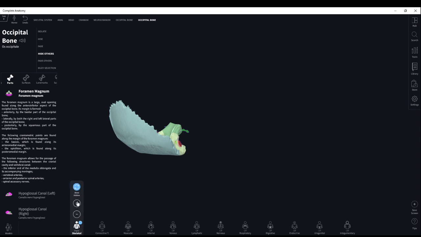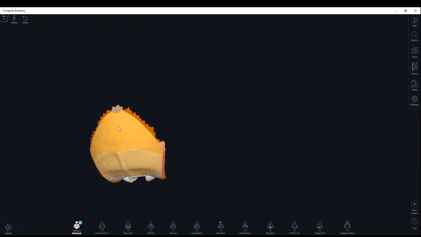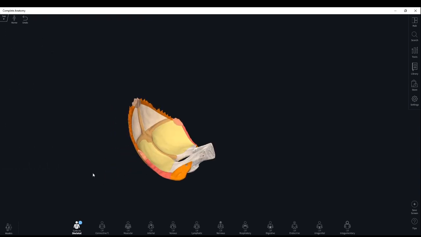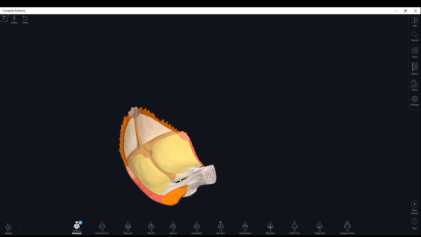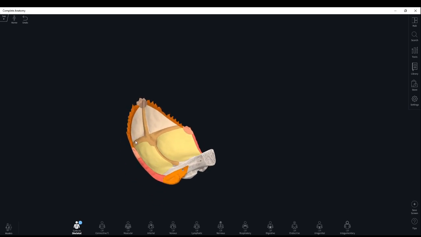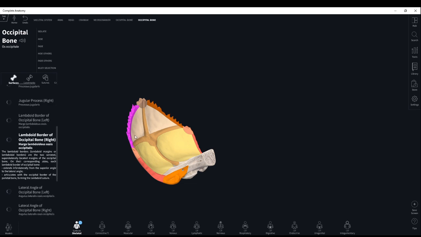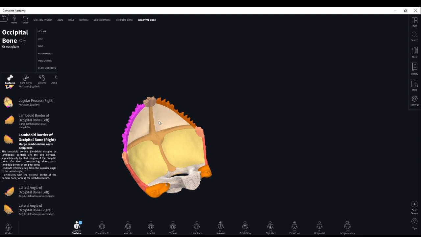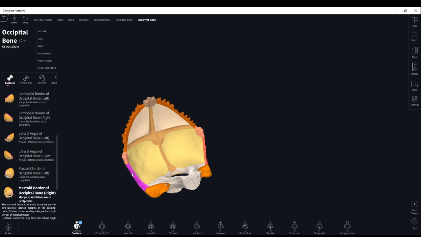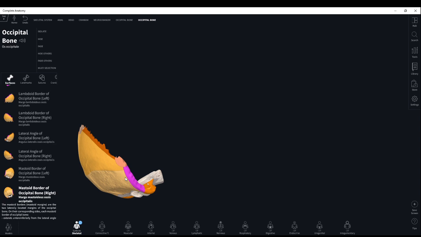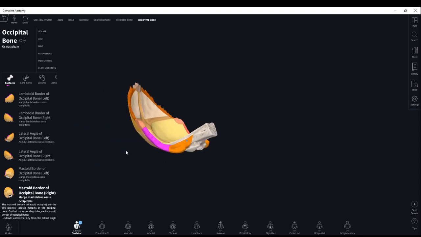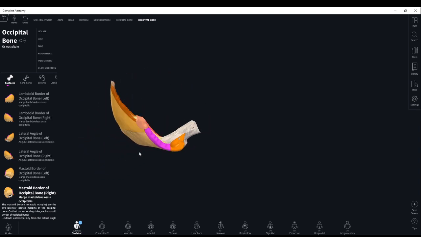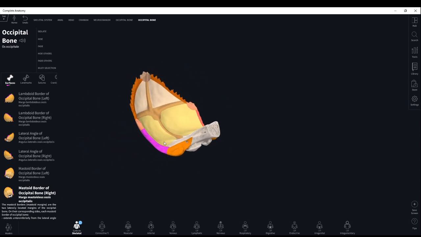Surfaces of the occipital bone. The occipital bone has an external and an internal surface. It also has borders: the parietal border, also called the lambdoidal border, margo lambdoideus, and margo mastoideus, which corresponds to the mastoid process of the temporal bone.